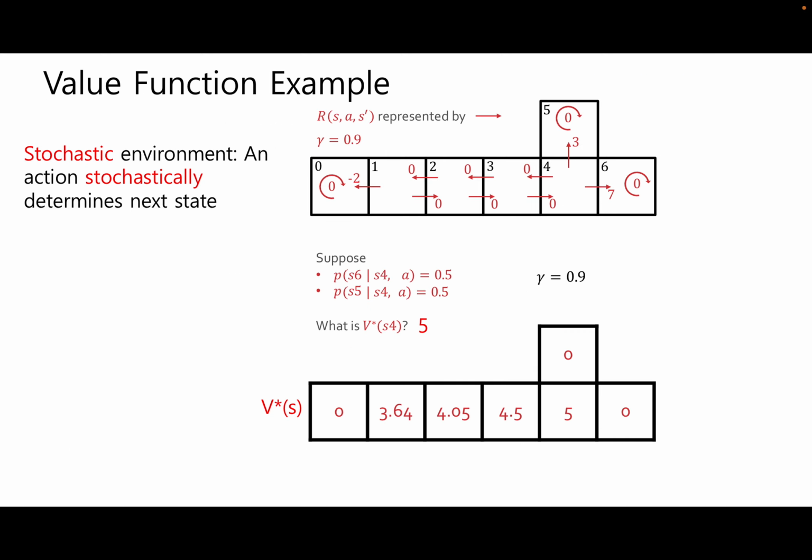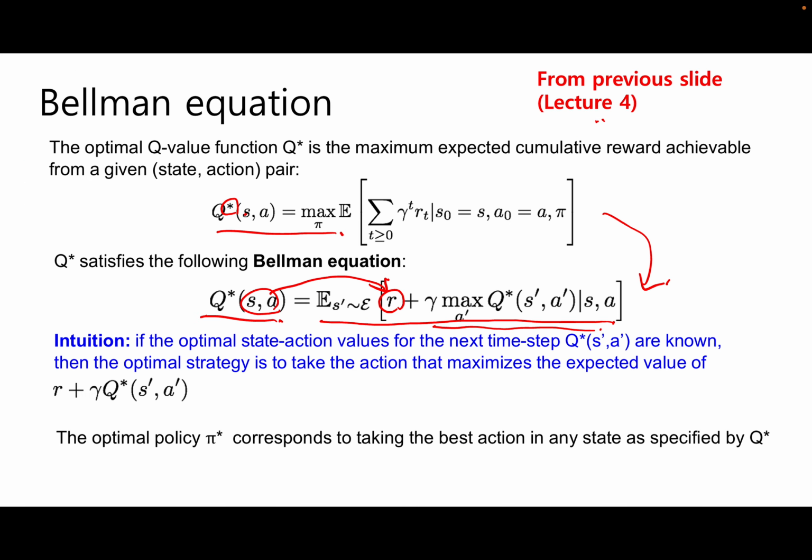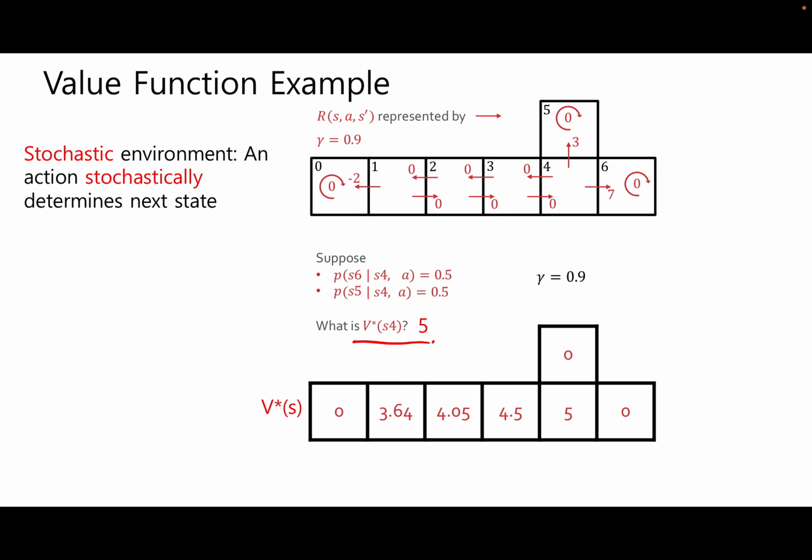So then, how about this one, V star of S4? Let's revisit this. You can memorize this, right? That expectation means we need to multiply by probability, right? So here we have probability of 0.5 and 0.5, and the possible action here gives reward 3, and then 0.5 times 5, so that we have 5, right?